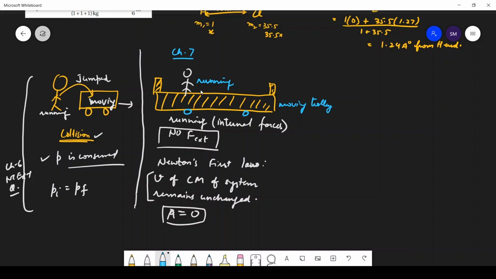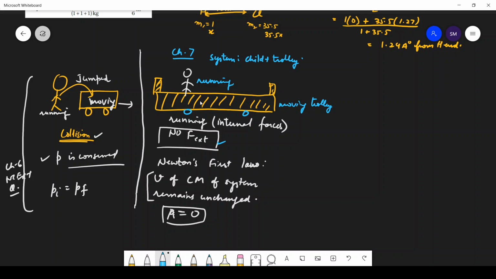So if a child is running here and there in this moving trolley, is there any external force? No, the child and the trolley are part of the system. So here the system is child plus trolley, and any force that the child applies on the trolley is an internal force.